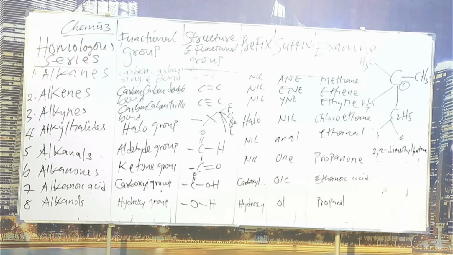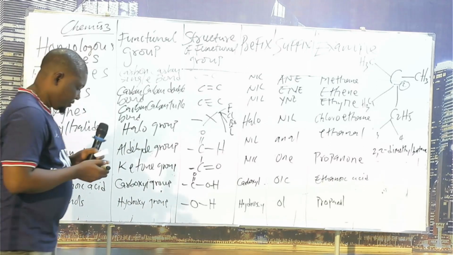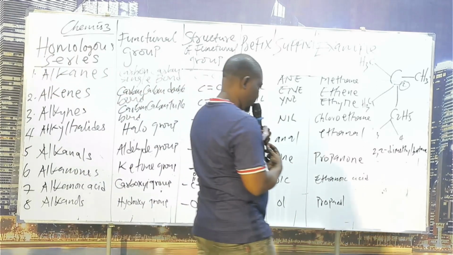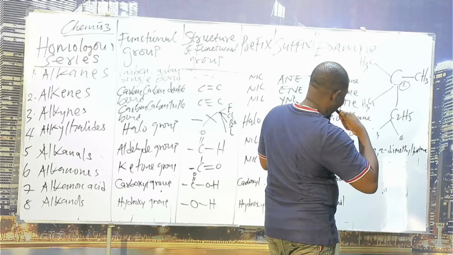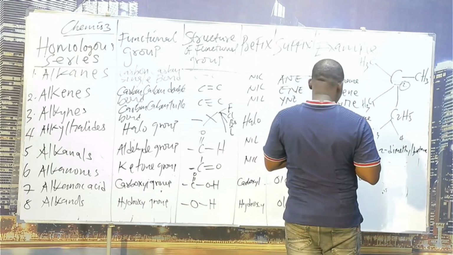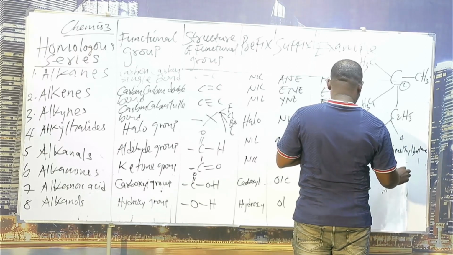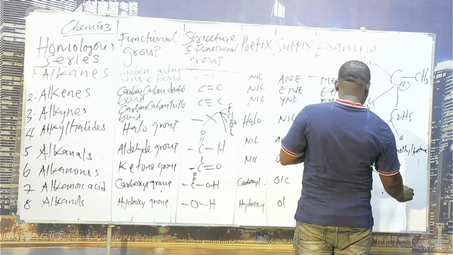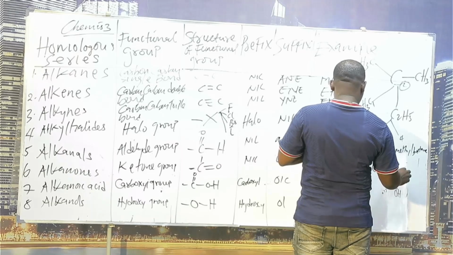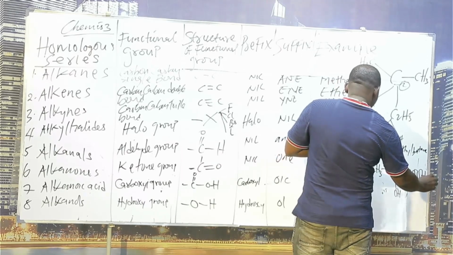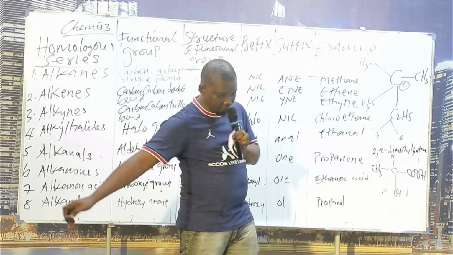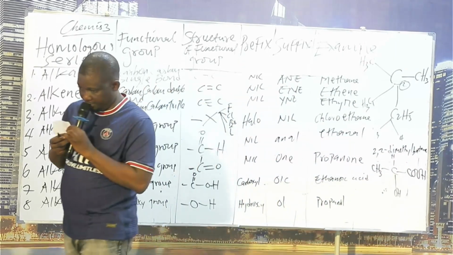We have named this one before now. We have. We have named this one before. Okay, what was the name of this? We've named this before now. Which is?